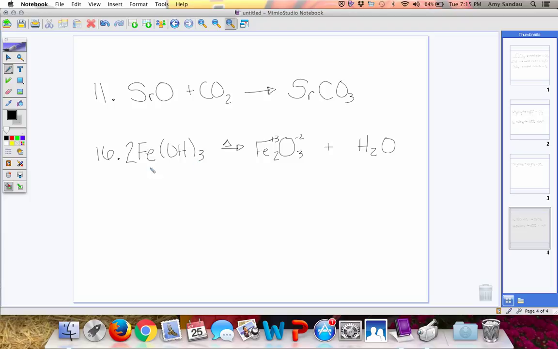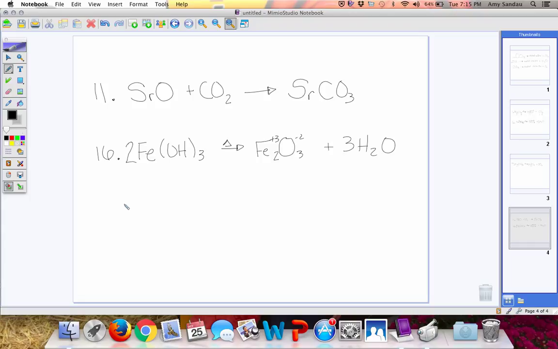I have a lot of oxygens on this side, but let's do hydrogens first. I have 3 times 2 is 6, so I better put a 3 over here to make that 6. And then I have 3 times 2 is 6 oxygens, and I have 3 and 3, so 6 oxygens. So we should be in good shape there.